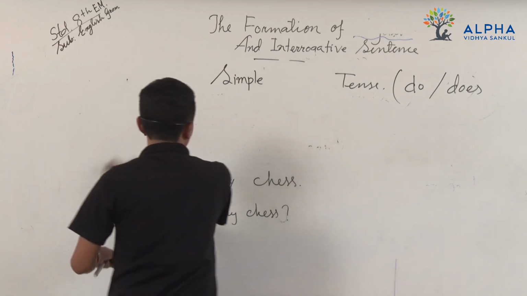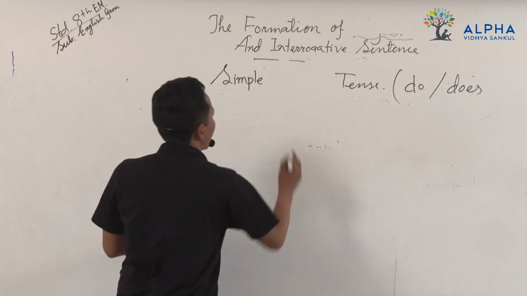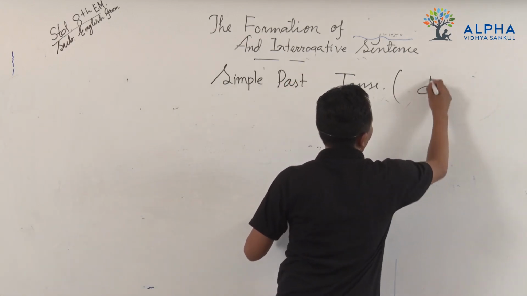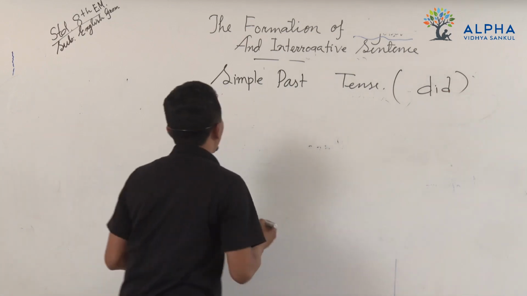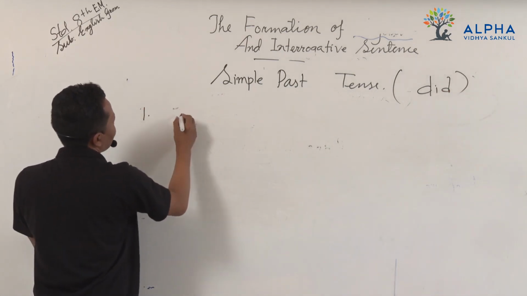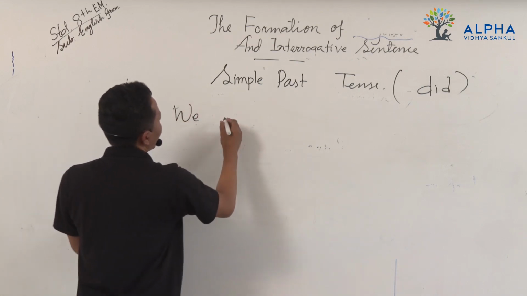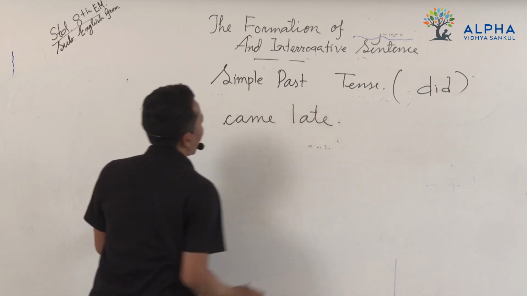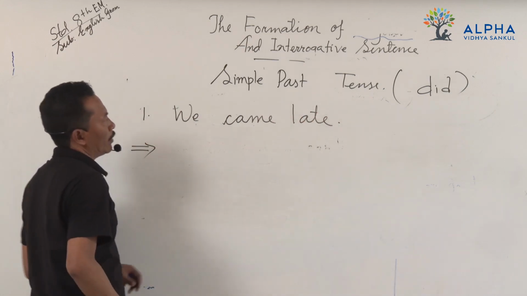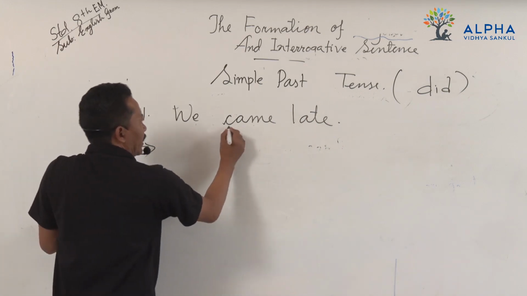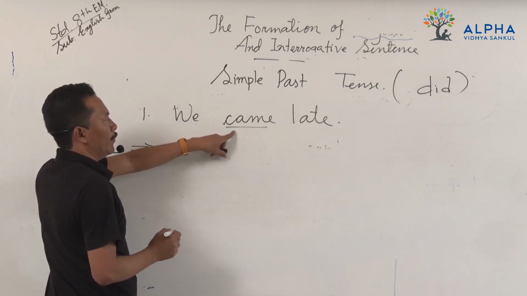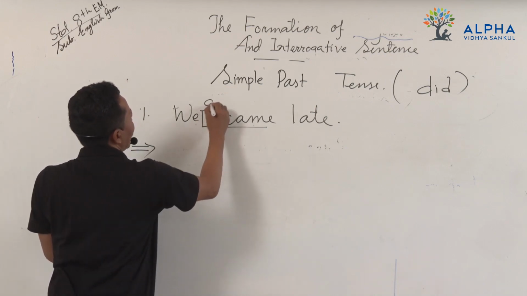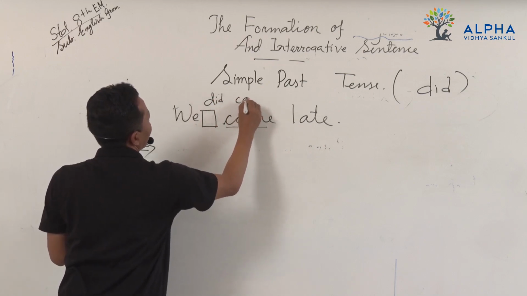And for the simple past tense, we have to use did. So, let me write an example. We came late. How can we change this, students? This is the verb, and you have to think here: came changes into did come.